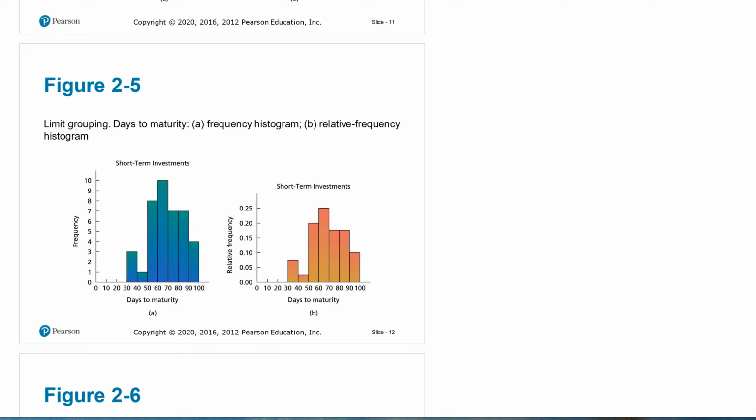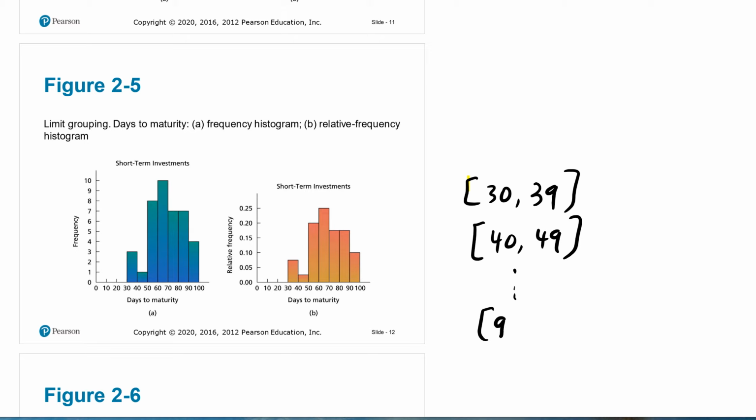But what we do here is, remember how the interval we started with 30 to 39 for the first one, 40 to 49, and this went all the way to 99. So then on the horizontal axis, we put 30 to 40, then 40 to 50, 50 to 60, and so on and so forth.